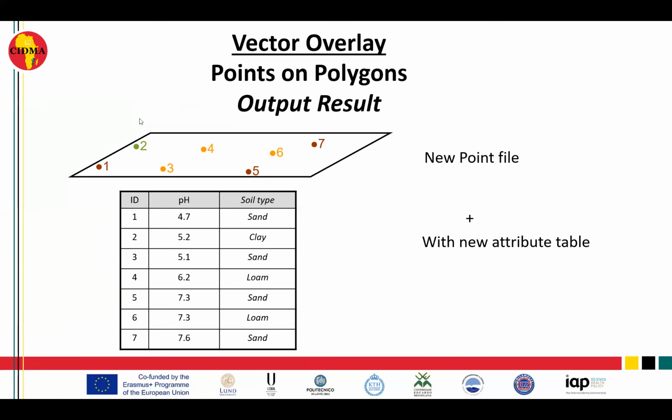So the point on polygon comes in with points, and we have a polygon layer, and out after the operation, a new point file is created with exactly the same points and the attributes, and added to the attribute table is the polygon properties of the different polygons.